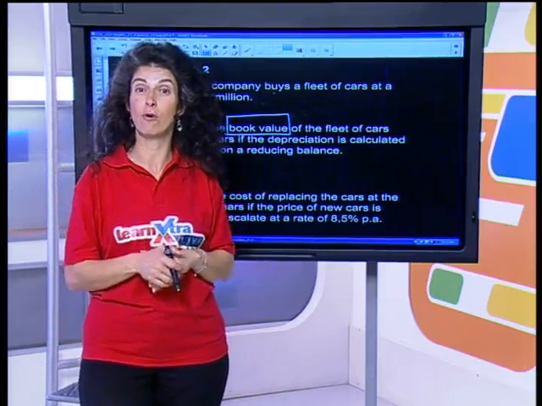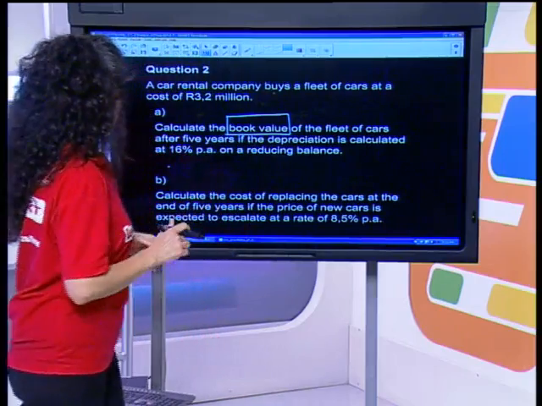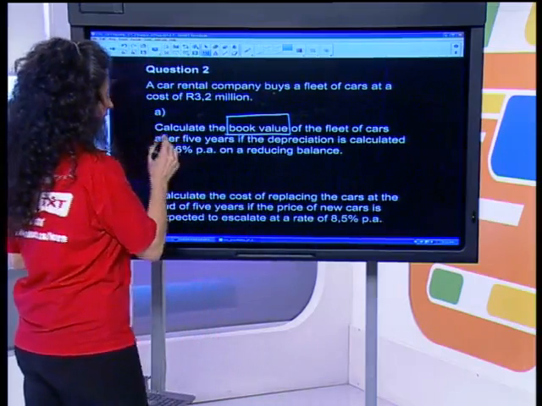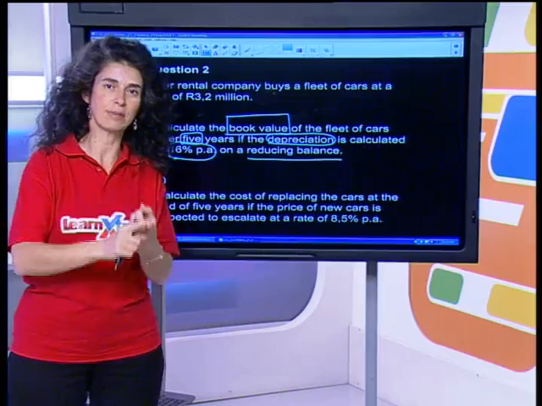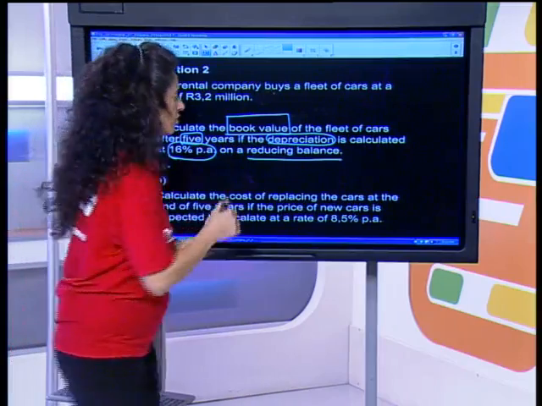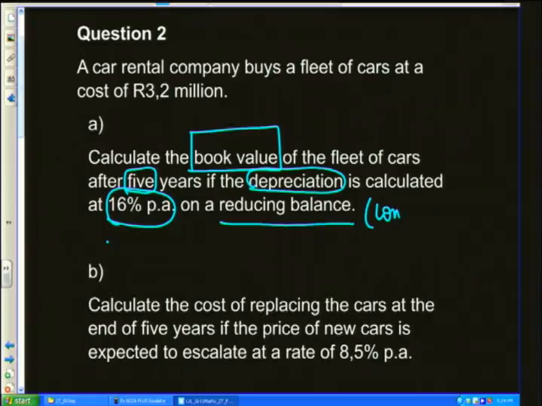Now let's go and dig for the mathematics that will be helpful. Firstly, we want to find the book value. Then we know that we want it after 5 years. And we're talking about depreciation, so we're going to see that the A value is going to decrease, and we have a calculation, a 16% per annum, and then we've got this word, a reducing balance. What does that mean? Reducing balance, is it simple interest or compound interest? Compound interest. So all these words are very important. That refers to compound interest, so it's reducing via that calculation.